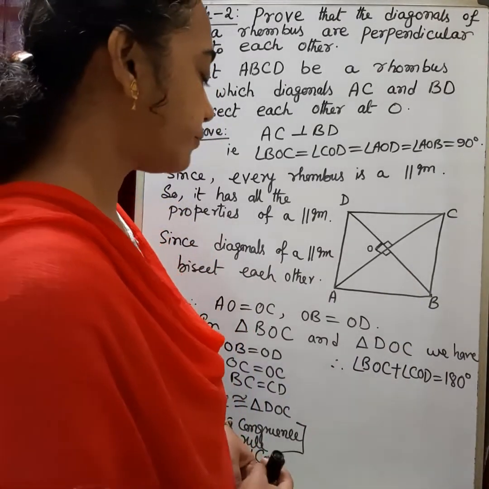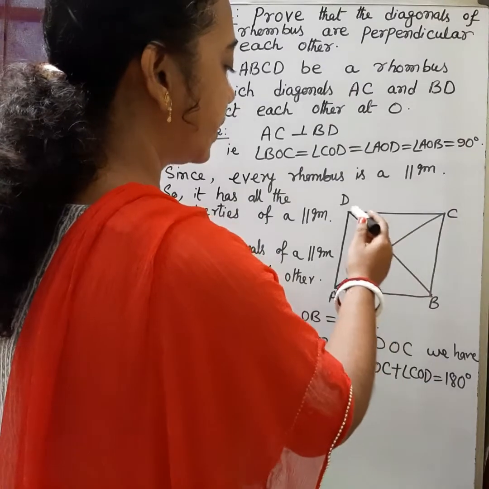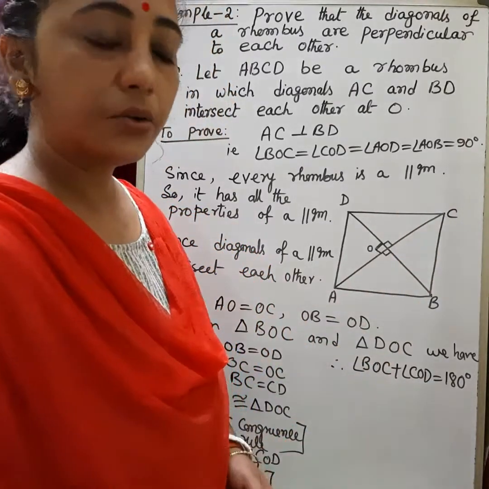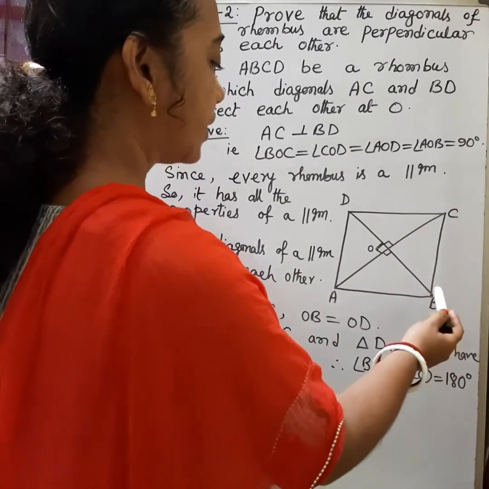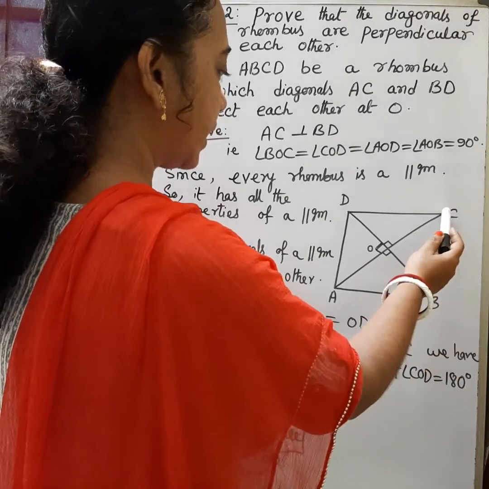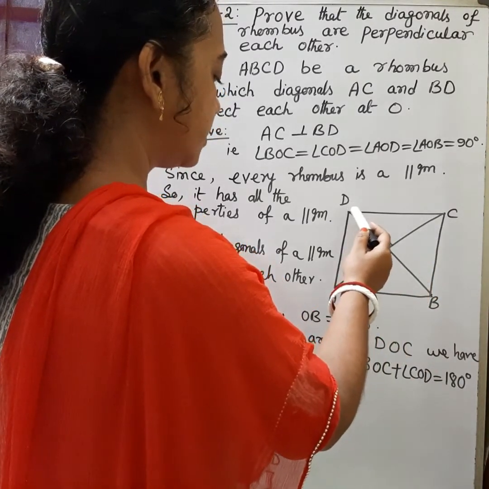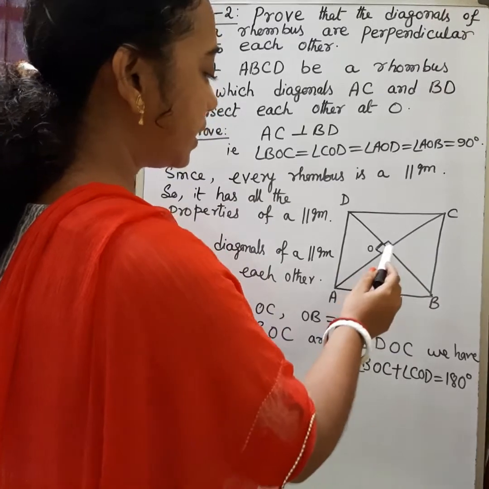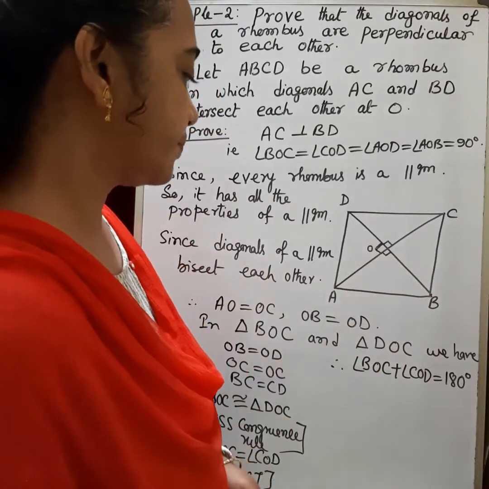In this case we have to prove that AC is perpendicular to BD, or in other words, angle BOC is equal to angle COD is equal to angle DOA is equal to angle AOB is equal to 90 degrees.